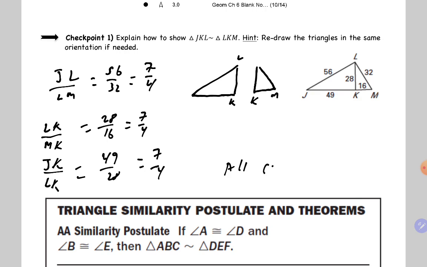So all corresponding sides are proportional. So SSS similarity.